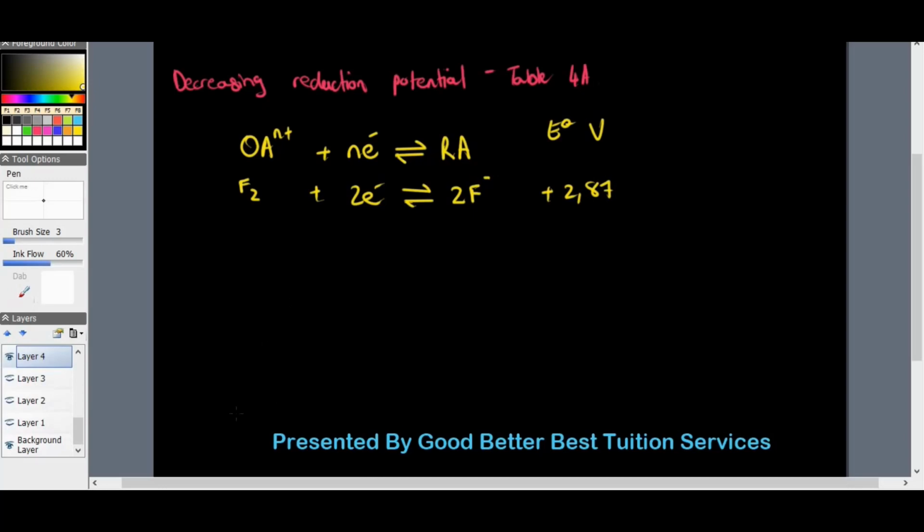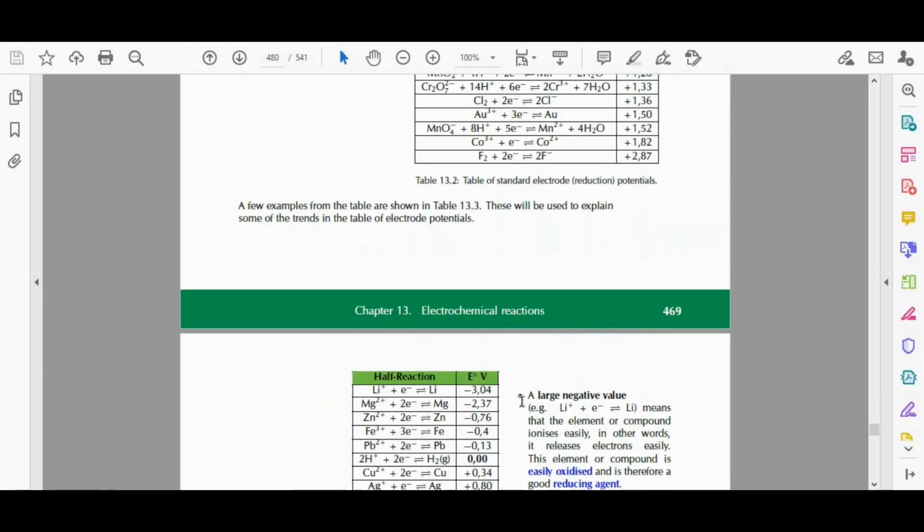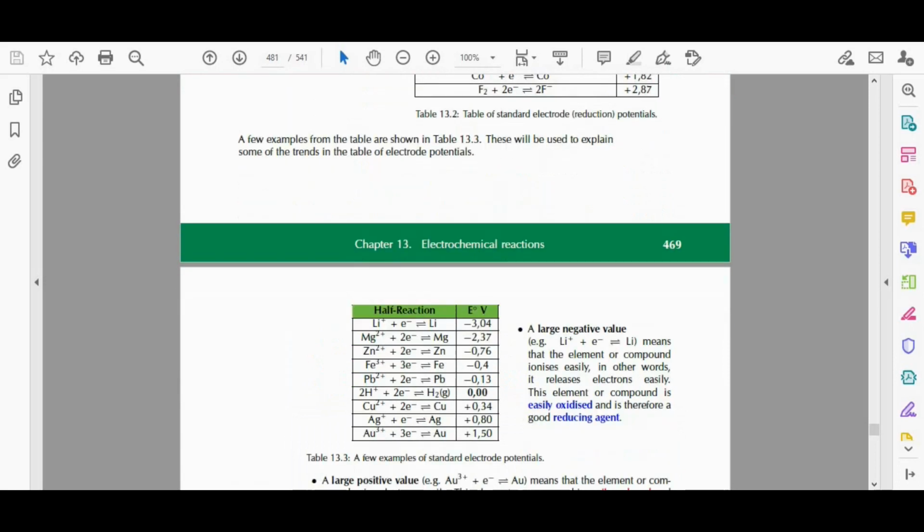All the way at the bottom we have the lithium reaction, Li plus 1 electron, forward and backward reaction gives us Li, with an electrode potential of minus 3,0, depending on your table of standard reduction potentials. Sometimes we'll say 0.04 or 0.05. Say 0.04. I'm basing it off this table over here that we saw.